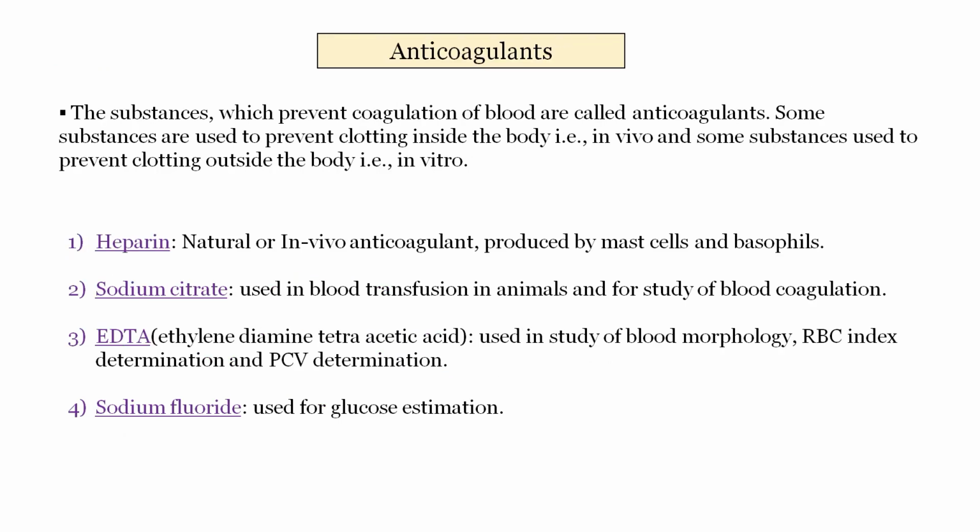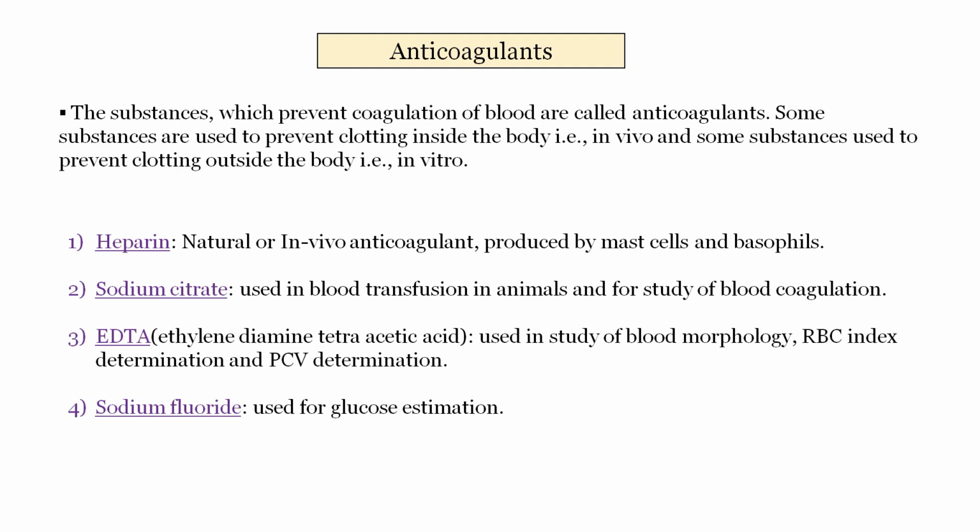The substances which prevent coagulation of blood are called anticoagulants. Some substances are used to prevent clotting inside the body, that is in vivo, and some substances are used to prevent clotting outside the body, that is in vitro. Heparin, natural or in vivo anticoagulant, produced by mast cells and basophils.